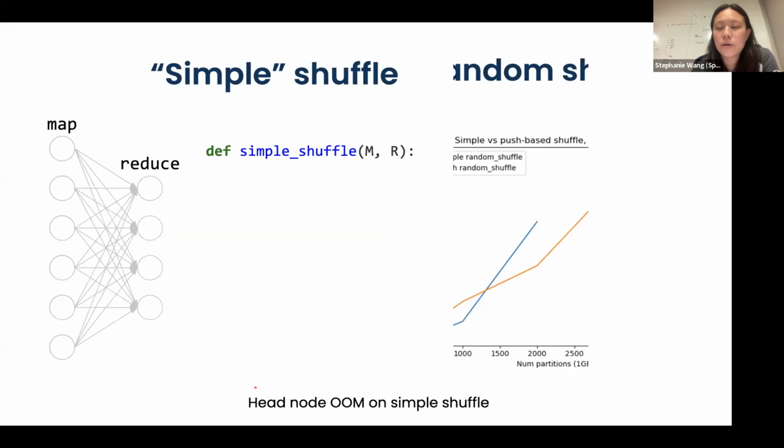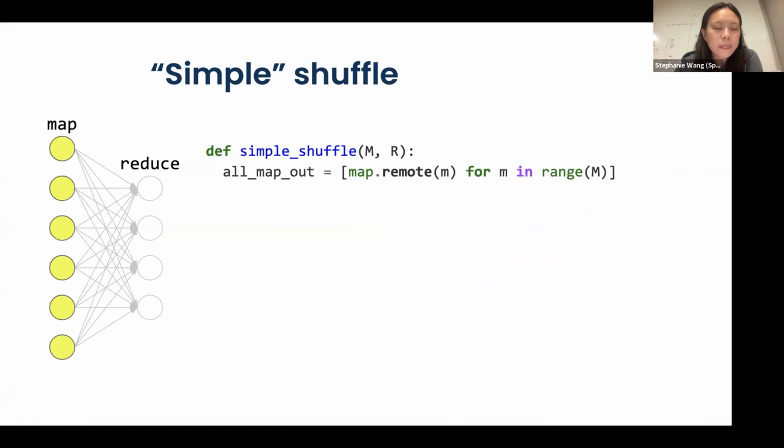Okay, so next we can go through an actual code example. So here, let's get an idea of how one of these shuffle algorithms is actually written in Ray Datasets. Here we're going to use basically the tasks and object refs that Clark showed earlier to write this, the diagram on the left. So first we'll submit one map task for each of the input partitions, and we'll use this map.remote syntax to invoke one of these tasks.